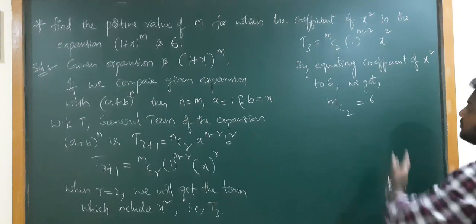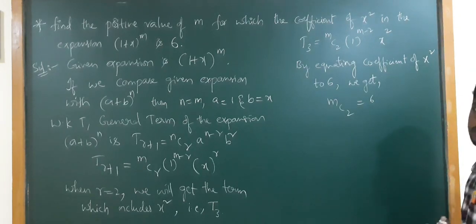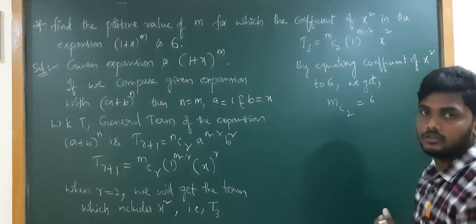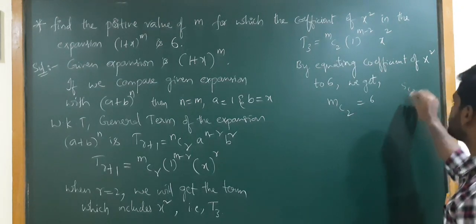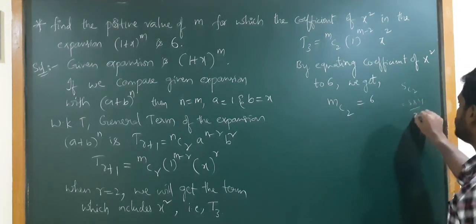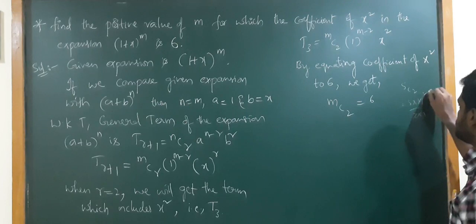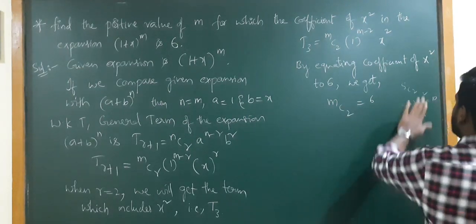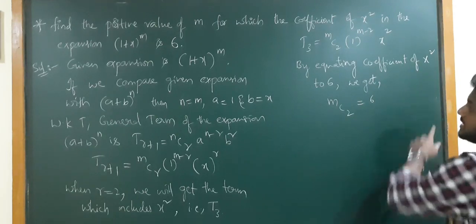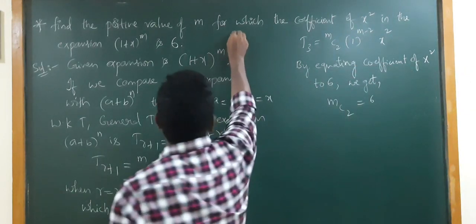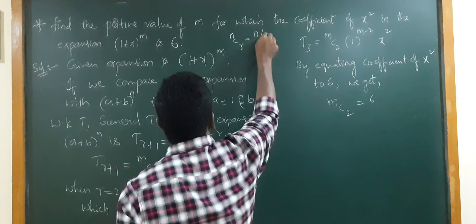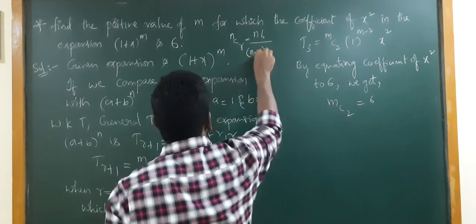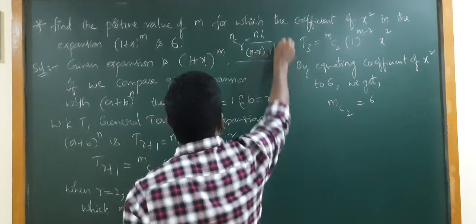Now by using this, how to find the m value? Do you know the mC2 value? No. If it is 5C2, we can find it: 5 into 4 by 2 into 1, 2 ones are 2, 2 twos are 10, so 5C2 value is 10. But how to find mC2? We know the nCr formula, right? nCr is equal to n factorial by n minus r factorial into r factorial.